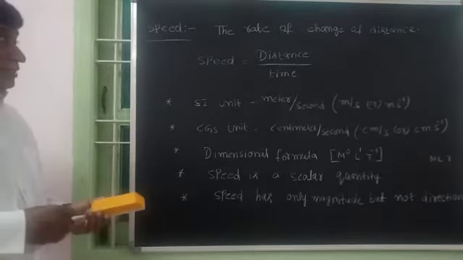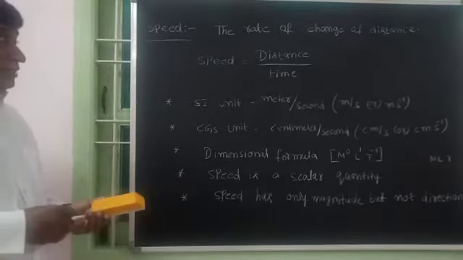For all of these, the SI unit is meter per second and the CGS unit is centimeter per second. We are going to discuss them one by one.